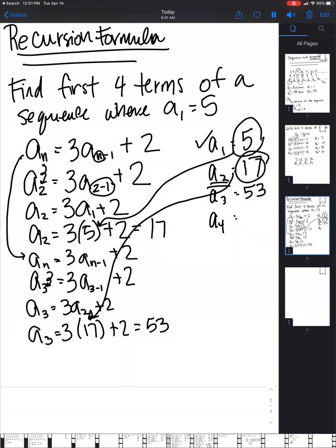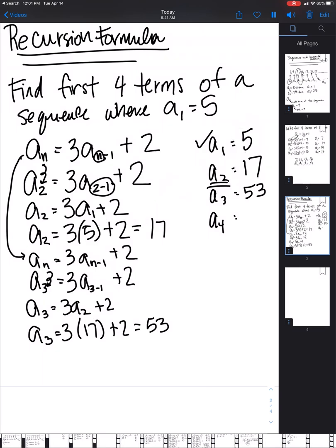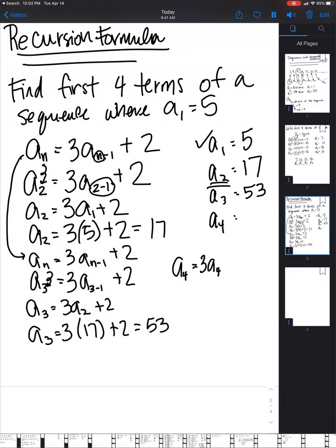So what do you think I'm going to plug into the next one? Well, probably 53 if you follow the pattern. So I'm going to do A4, which is 3 times A(4 minus 1) plus 2.